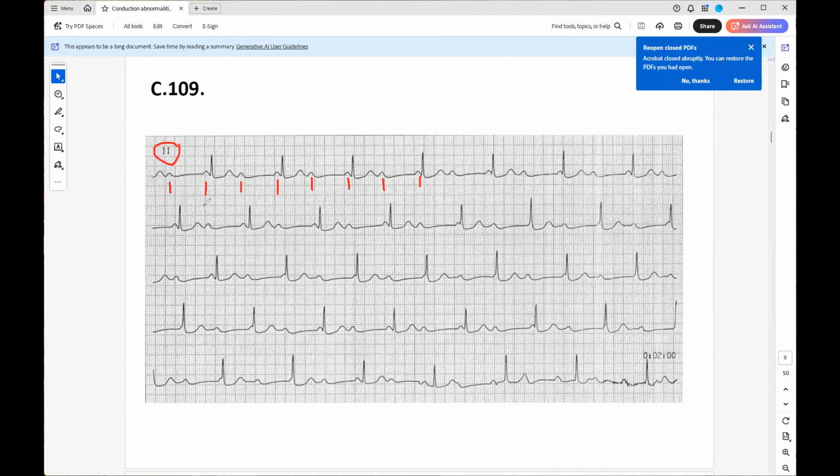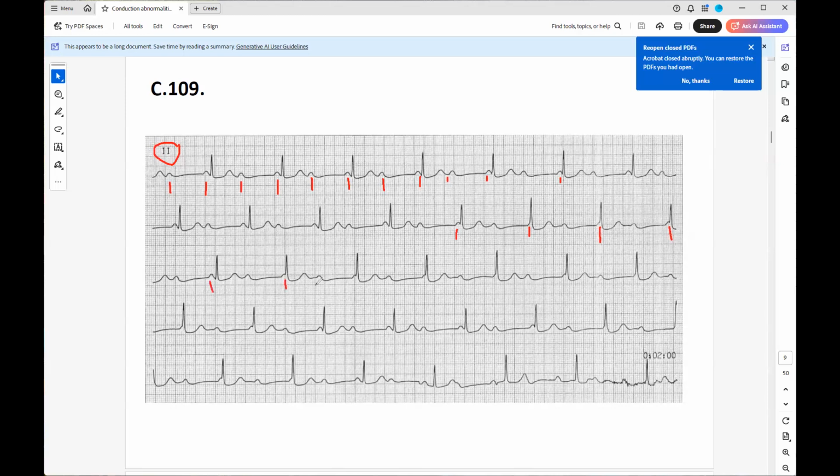However, if you continue looking at this, you can see that, for example, this should be somewhere here, this should be somewhere here. So it looks like this PR interval is not constant.